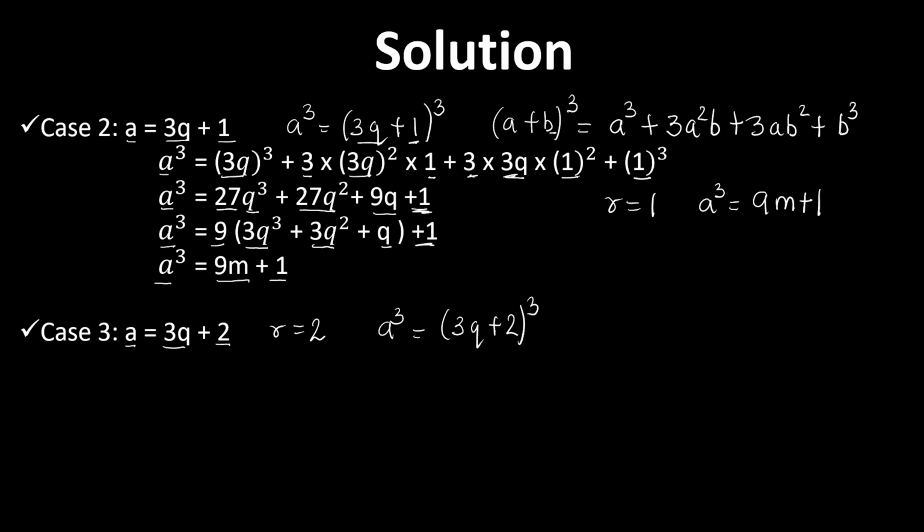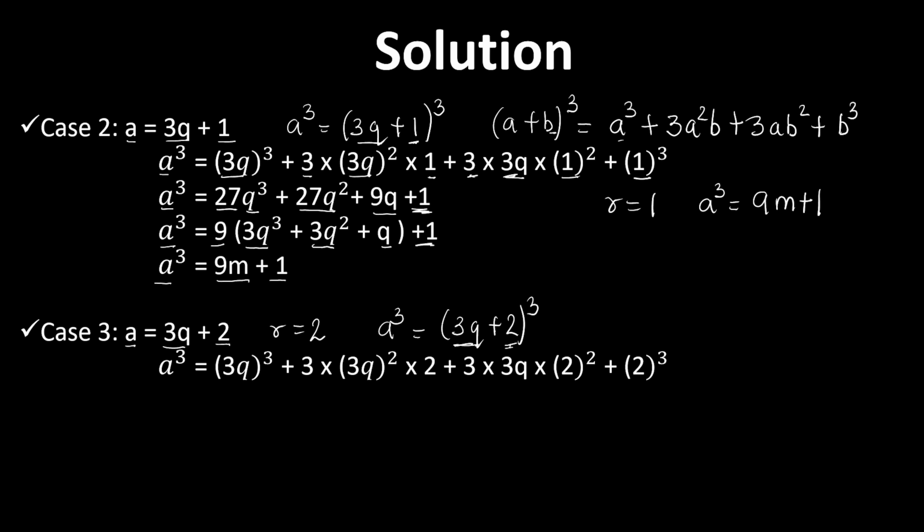Again we will be using the (a plus b) whole cube identity, which is a cube plus 3a square b plus 3ab square plus b cube. Now if we compare (a plus b) whole cube with (3q plus 2) whole cube, wherever we have a, we will write 3q, and wherever we have b, we will write 2 in that place. Let's expand it.